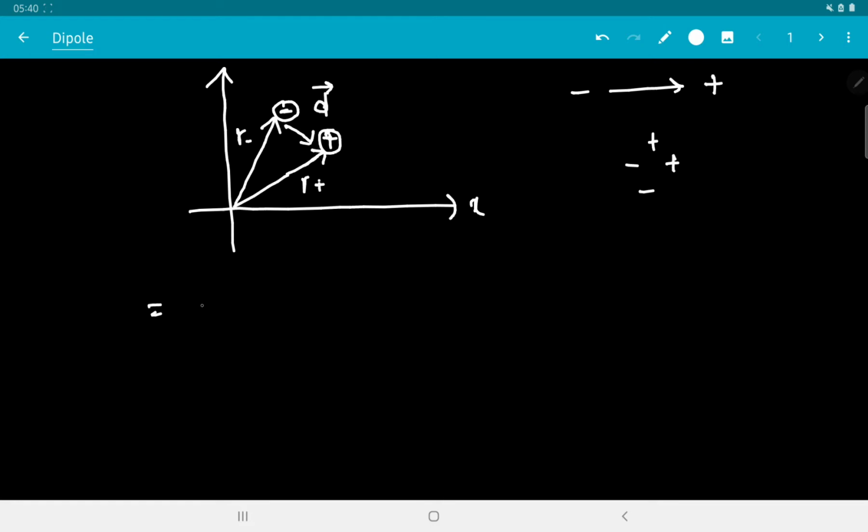If we write the charge and the position vector, these are position vectors, this is the negative charge plus we have the positive charge, then this will be q r plus minus.